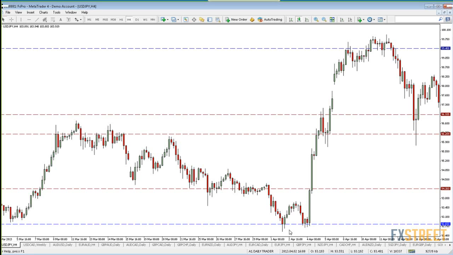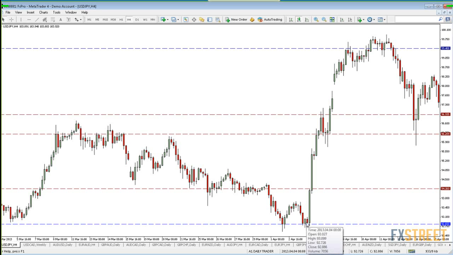And guess what it does? It prints a really nice low wick, and then it snaps back up, and then it comes back down, and it prints another low right here, an almost equal low. But the reason why this is a whammy trade is because the second low is not as low as the first.